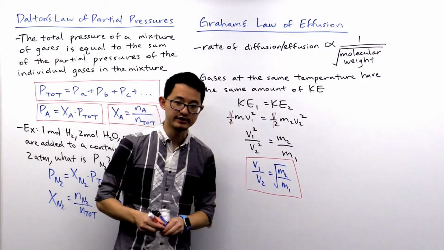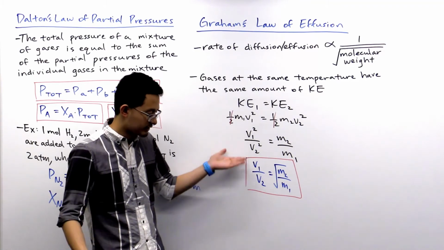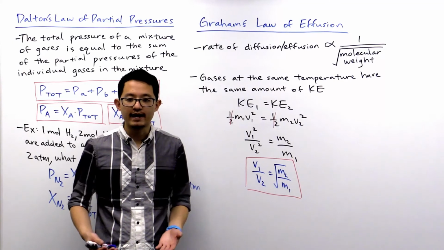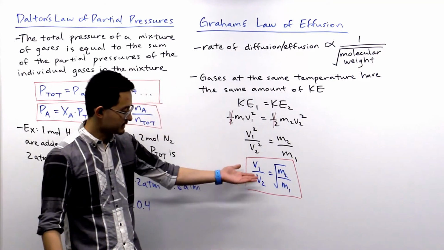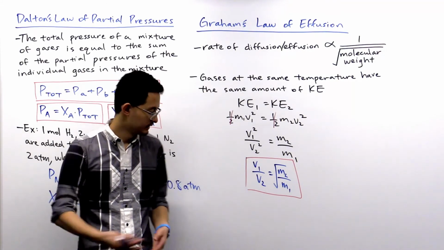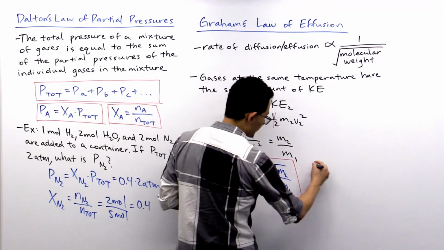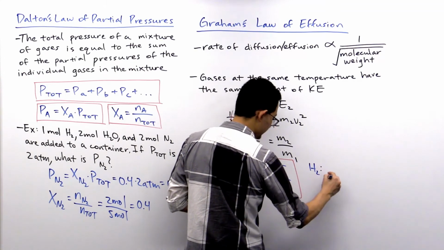So again, from this equation, you can really just see that if you were to compare the speeds between two gases, the gas with a smaller mass is going to travel faster. So for instance, let's say we were to consider hydrogen gas, H2. Let's write this out. So H2 is going to be our gas 1.